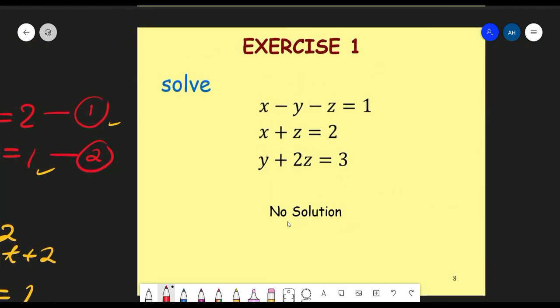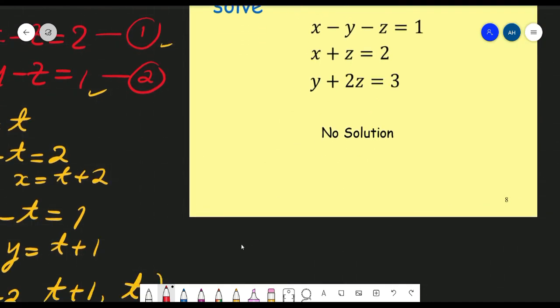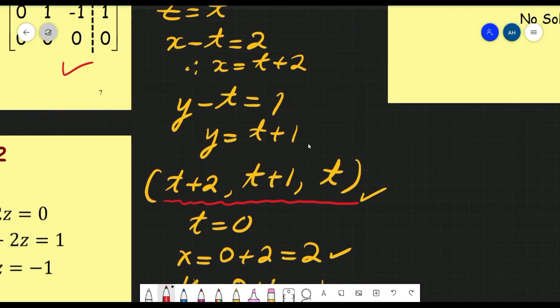This is for the case where we have no solution. x minus y minus z equal to 1, x plus z equal to 2, and y plus 2z equal to 3. I gave you already the answer. That is, the answer is no solution. Now, how you do the elementary row operations, please try to solve that problem.